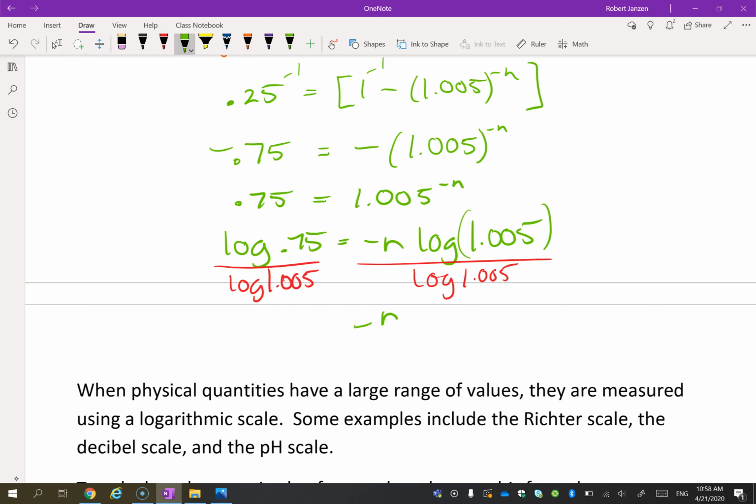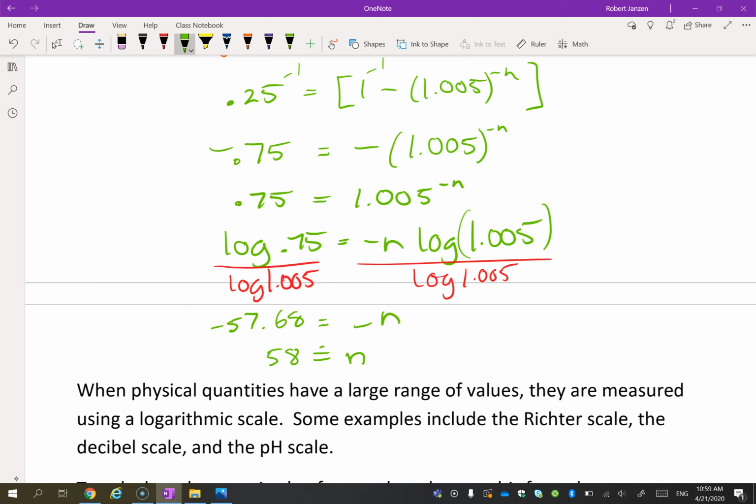And so negative n is going to be negative 57.68. So if I divide by negative, n is going to be approximately 58 payments, even though that last payment is going to be less than a full payment. But you can't just pay 57 times because that wouldn't pay it off fully.